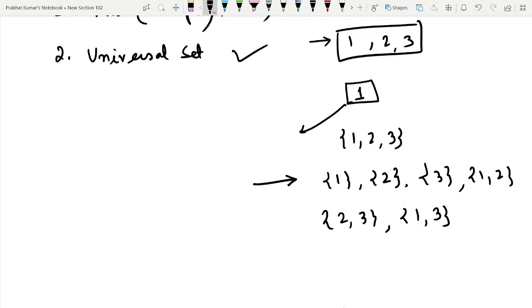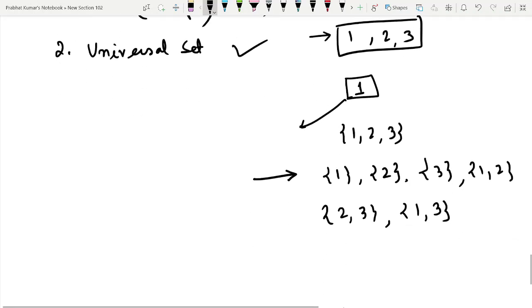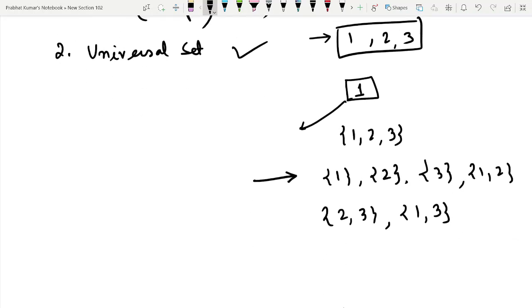One can easily see that these can be subsets. Now let us see two other things that can be a part of this. If you give the whole thing, 1, 2, 3, this whole thing is also a subset of the original set.